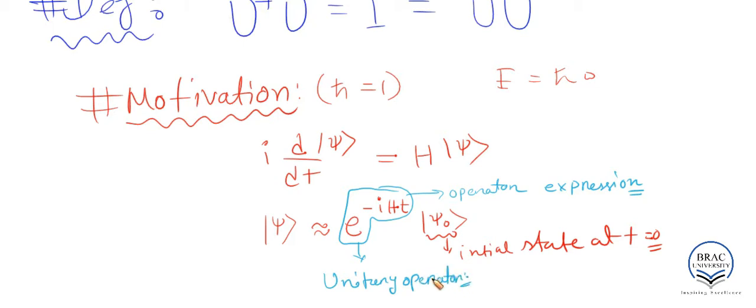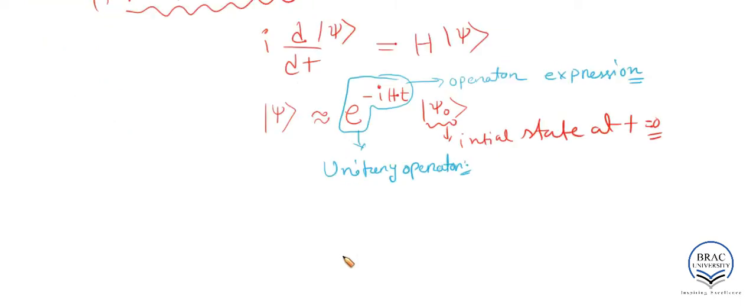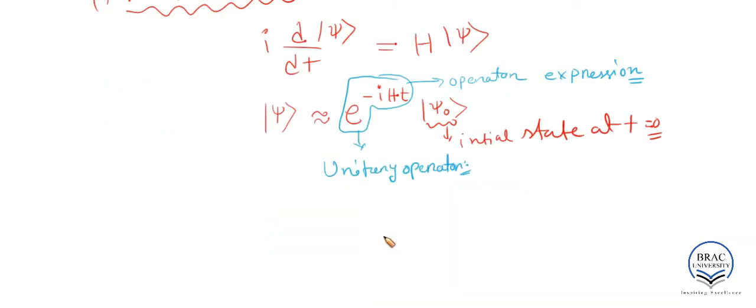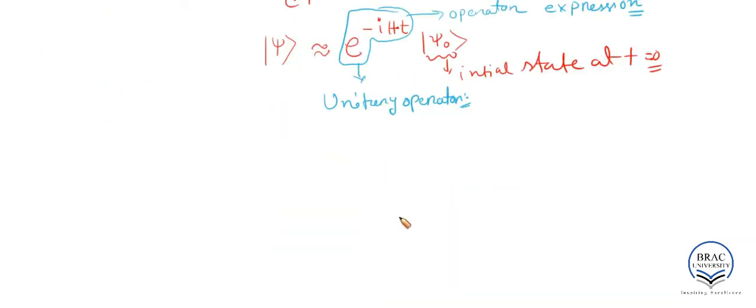So this is one way to motivate the importance of this unitary operator, but this is from the point of view of quantum mechanics, but we will also try to see why these are important from the perspective of linear algebra. So the next thing we will do now is provide another motivation to study them, and this motivation comes from a theorem.